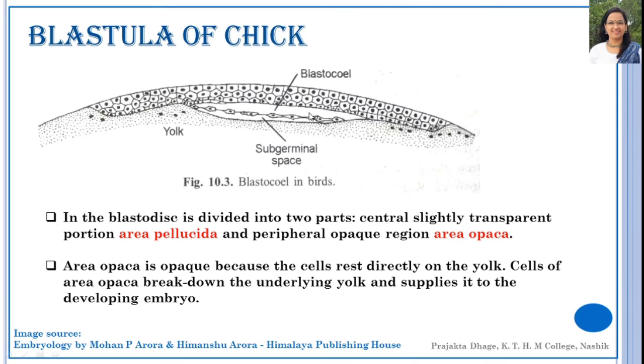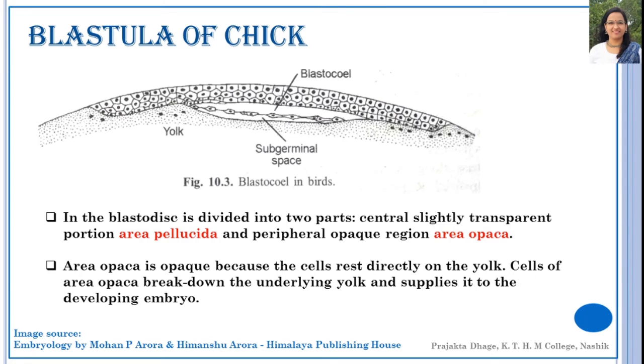This part appears transparent owing to the presence of the cavity under the layer of blastomeres. The peripheral area is opaque because the blastomeres rest directly on the yolk. So this was about blastulation in the chick embryo.